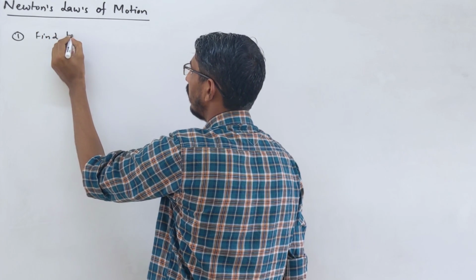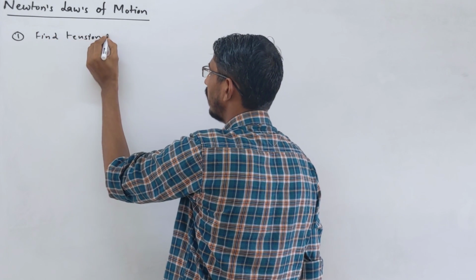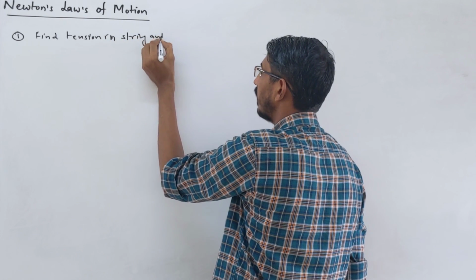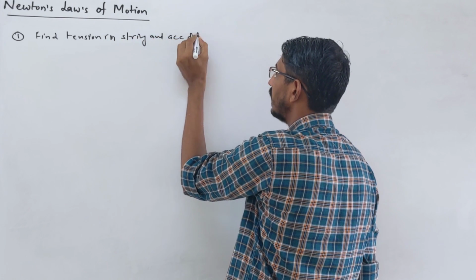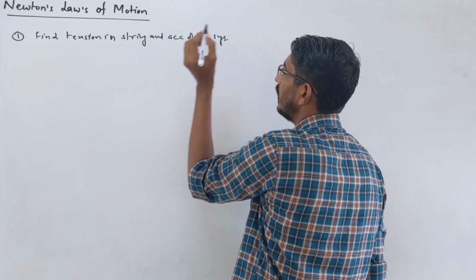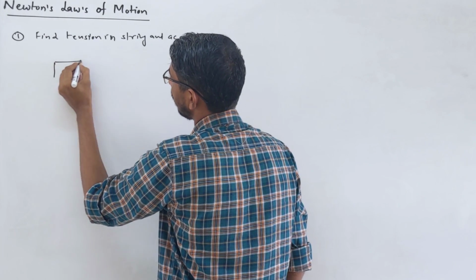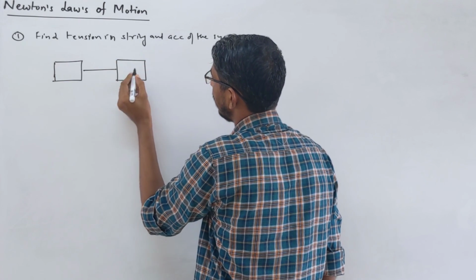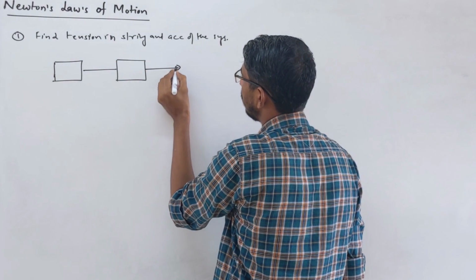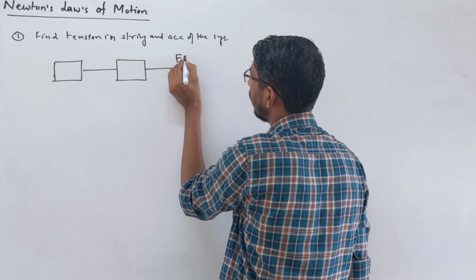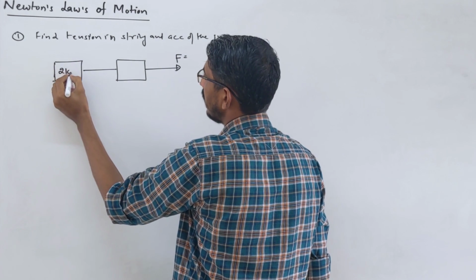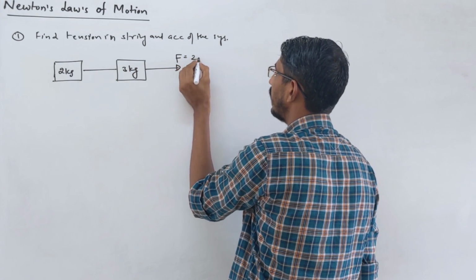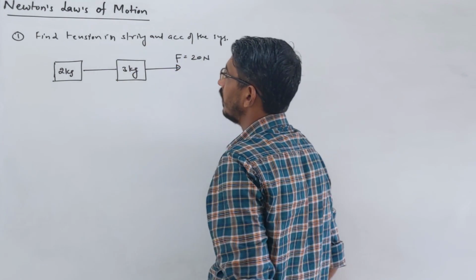Let's see this problem. Find the tension in the string and the acceleration of the system. A picture is given: this is one mass, another mass here, pulled by some force F. Let's say this is 2 kg, this is 3 kg, and it is pulled by a 20 Newton force.